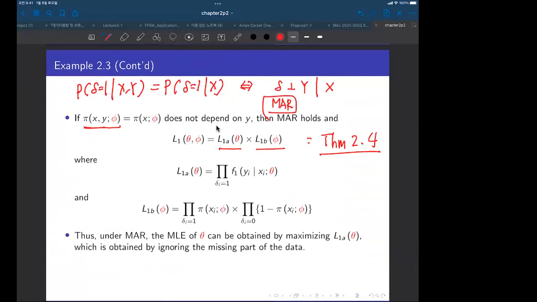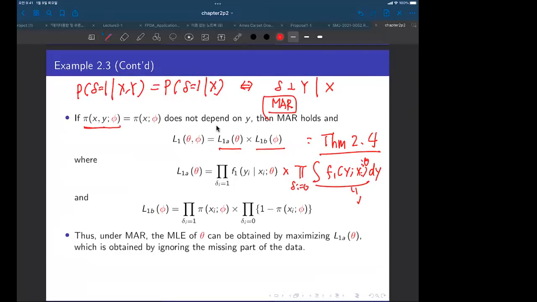Another important message here is that originally we had this term and the integration of f1 dy, which is equal to 1. So what does that mean? This one doesn't depend on theta, it is free of theta.